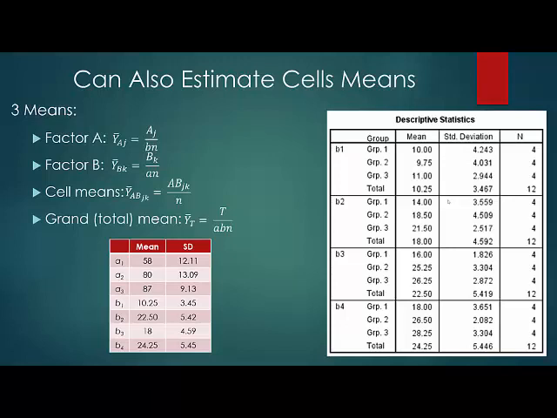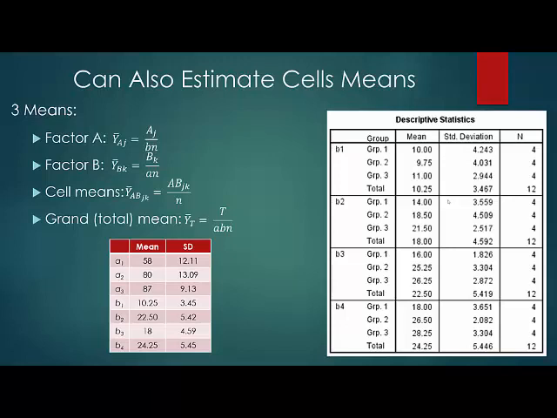So for factor A, for any given group, all we do is just take the overall sum of their scores and divide by B, which is the number of levels of factor B. In our example, there was 4, and the number of subjects within that particular group. And so within the example we're going to do, there's going to be 4 people. So this would be 4 times 4, which would be 16. For factor B, we'd get a mean for each of the 4 professional development training types.